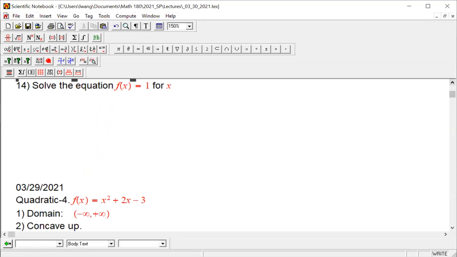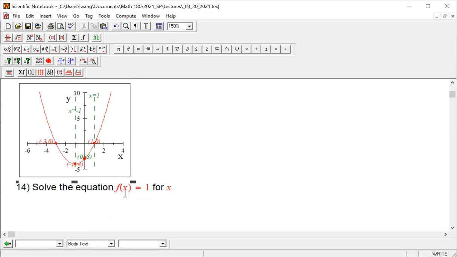Now, f of x equals 1. Suppose we still use this perfect square equation, the one with the perfect square, minus 4 equals, this time, 1. Does everybody follow me?